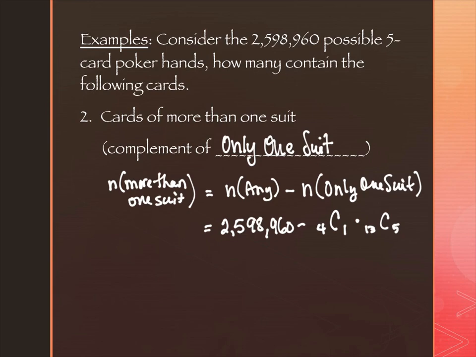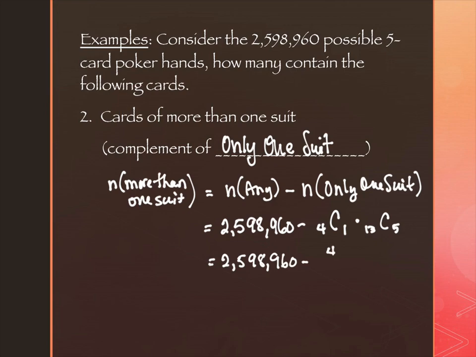This looks a lot like part 1. If you look back at your notes on 1, 13C5 matches. The part that's different is the 4C1. It's not picking a card, it's picking a suit. So 4C1 picks my suit, and then the 13C5 picks the cards that are in that suit. Okay, so this part at the beginning is going to stay here.